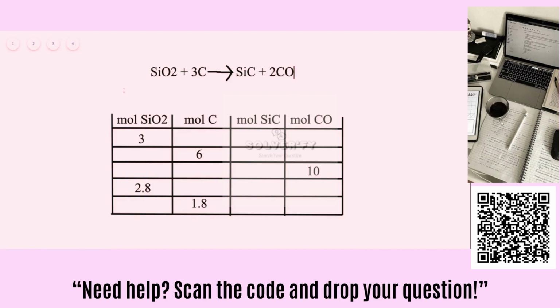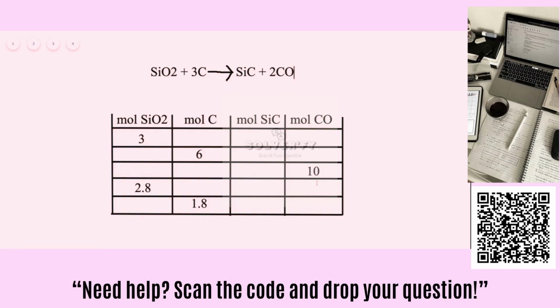So the problem given is this reaction with 1 mole of SiO2 and 3 moles of carbon reacting to become 1 mole of SiC and 2 moles of carbon monoxide. What they want is to find the number of moles of the 3 missing products or reactants given one amount.